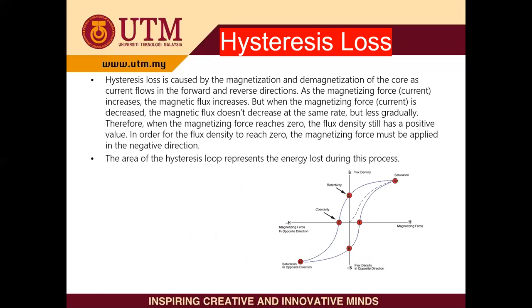So what are hysteresis losses? They are losses caused by the magnetization and demagnetization of the core as the current flows in the forward and reverse direction. As you can see in this graph, this is the plot of flux density versus magnetizing force.